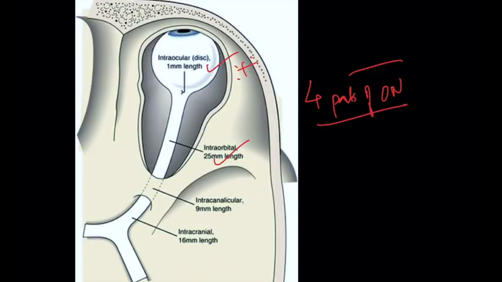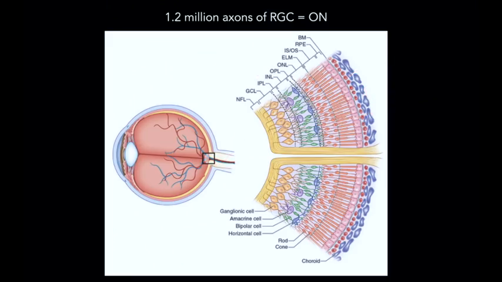The longest is intraorbital. As we all know, there are the retinal ganglion cells, which are one of the important cells in the 10 layers of the retina. The ganglion cell gives its axon. The axon travels on the retina, takes a 90-degree turn, and goes through the retina, choroid and sclera. As you can see, this is the retina, this is the choroid, and then you have the sclera.